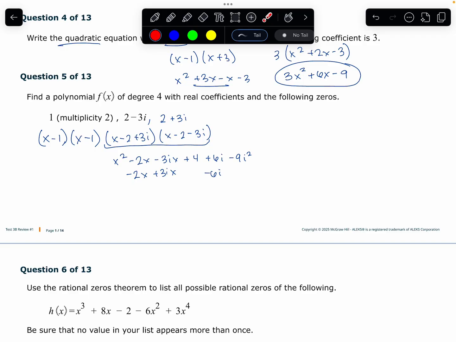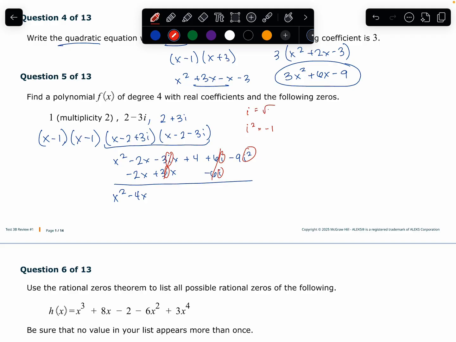Okay, now let's see what we can combine. So we have x squared. This is going to be negative 4x. Those will cancel and those will cancel. This is good. Look at the imaginary units, the complex units that we have. They're going away, except for this i squared. But i squared is equal to negative 1. That follows from i being equal to the square root of negative 1.